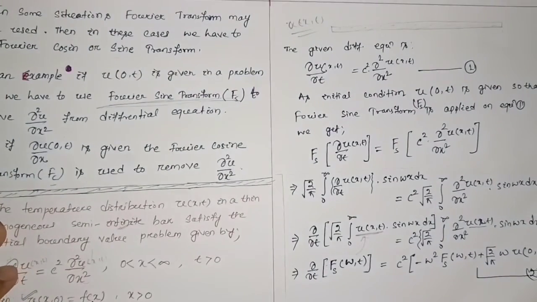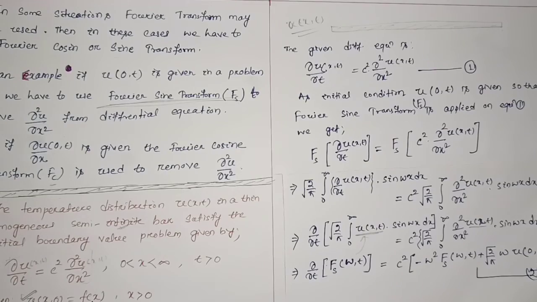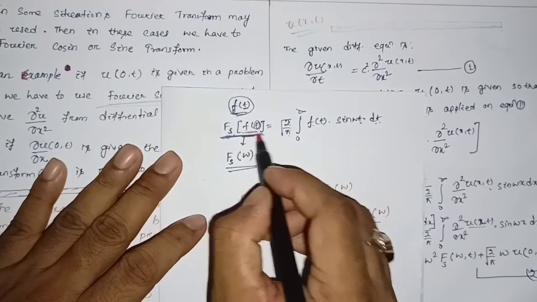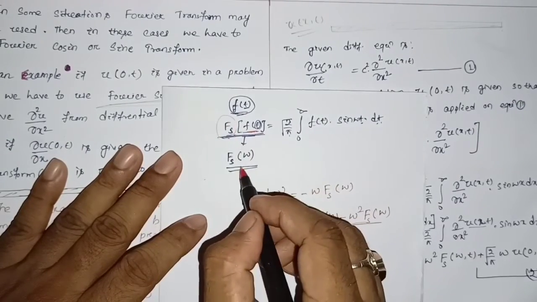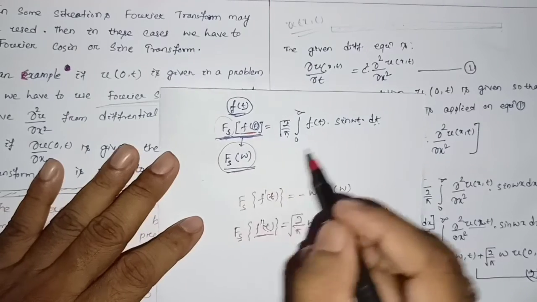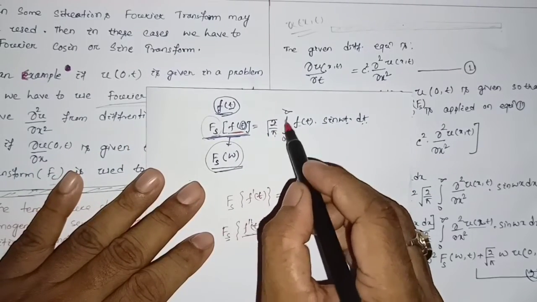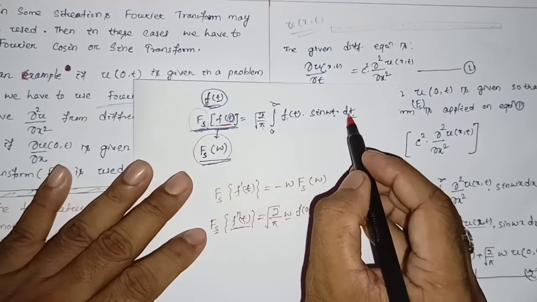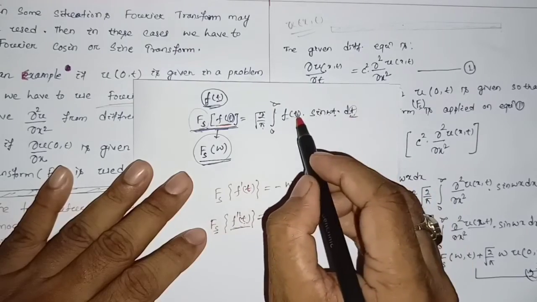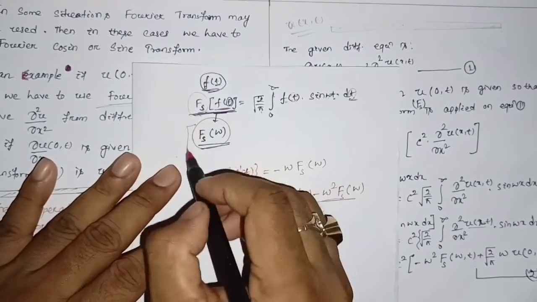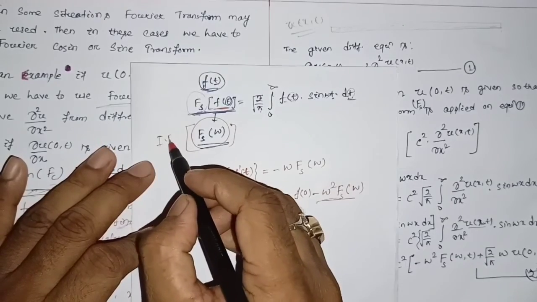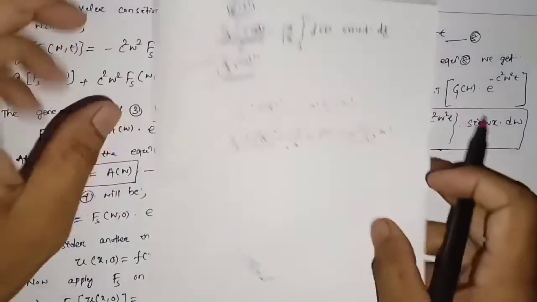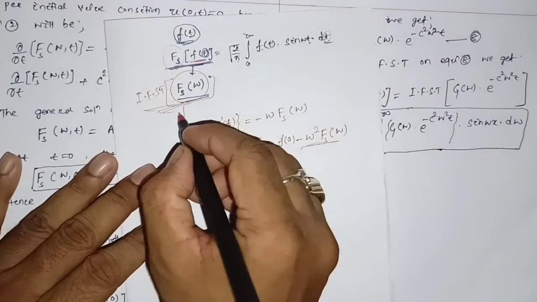Again I am going to recall one thing: if I have a function f(t), the Fourier sine transform is capital Fs(omega), which is root over 2 by pi, integral from 0 to infinity f(t) sine omega t dt. So this Fourier transform is applied on the variable t. If I put the inverse Fourier sine transform on this, I can get small f(t).